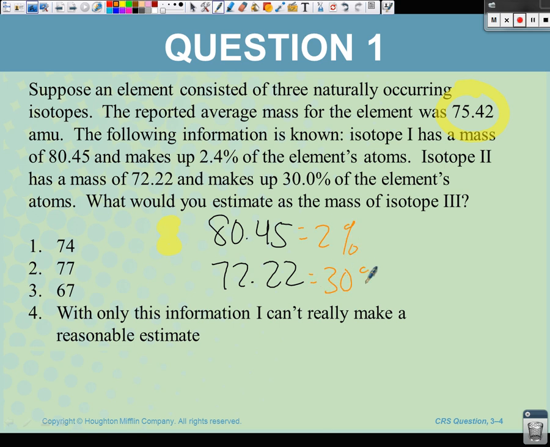This is 30%, and that leaves us how much left? Almost 70%, right? So what number up there is closest to 75? 74, because it's the highest percentage. Does that make sense logically? Okay. All right, good deal.